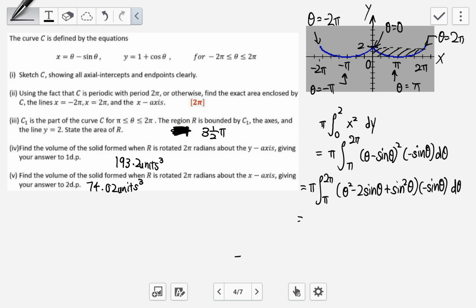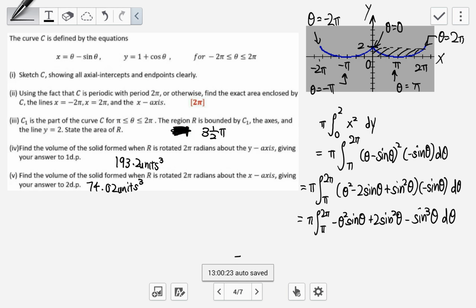When I multiply inside again, I get minus theta squared sine theta plus 2 theta sine squared theta, then minus sine cubed theta d theta. I'm beginning to think that perhaps it is a bit complicated to integrate in this way.